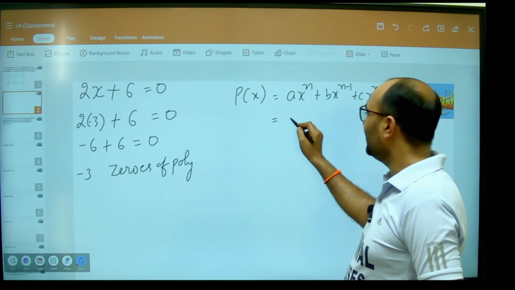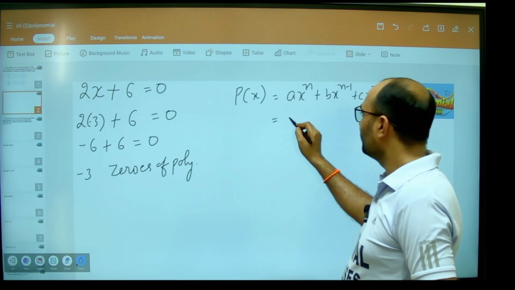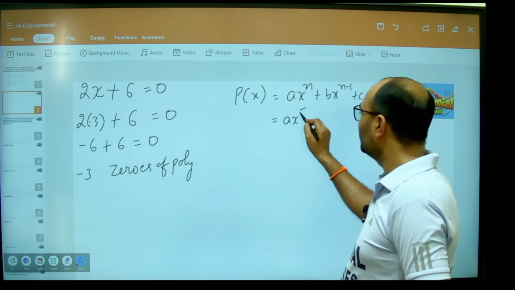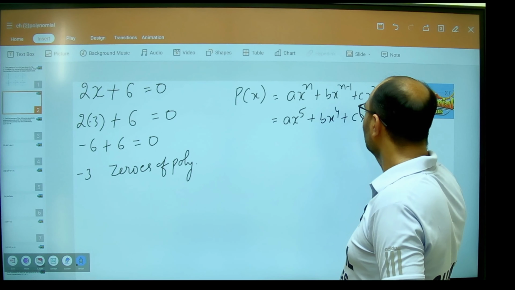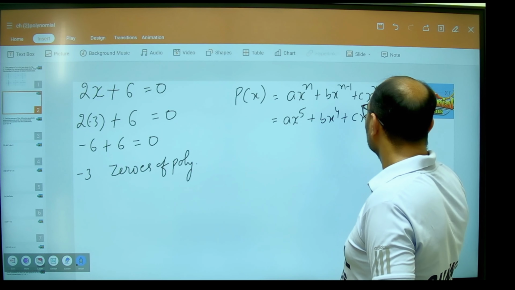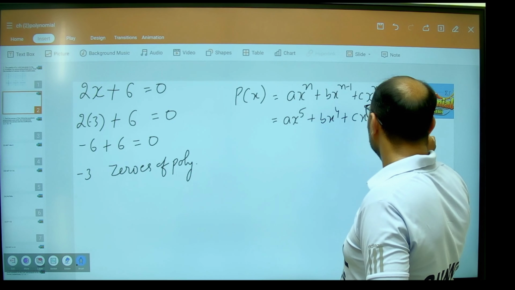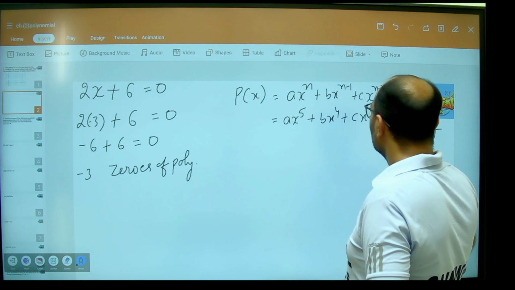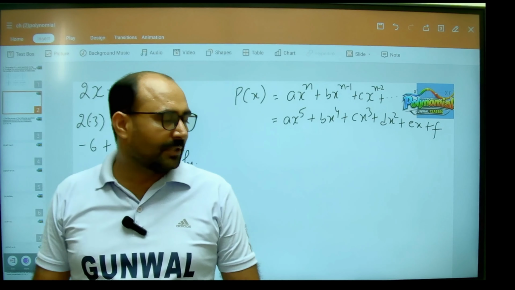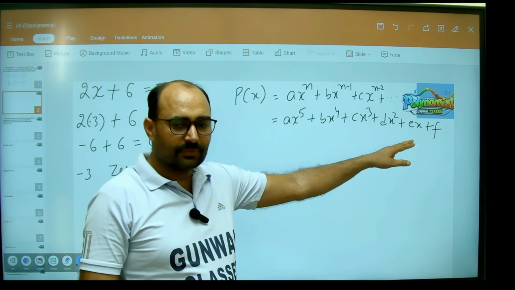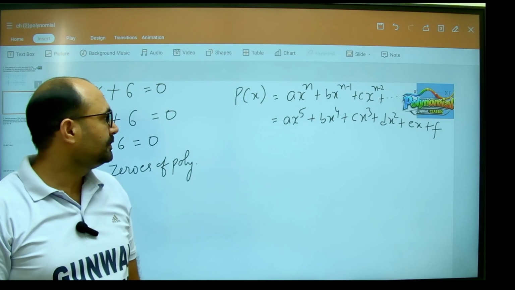Let's say I am writing a x5 plus b x4 plus c x3 plus d x2 plus e x plus f. Not mandatory all terms should be there. Some term may not be here. Still, it will be polynomial.